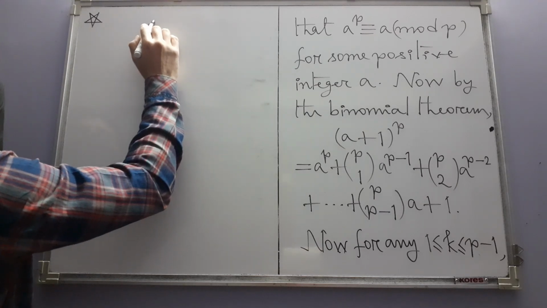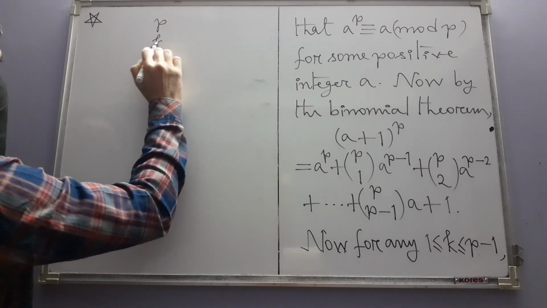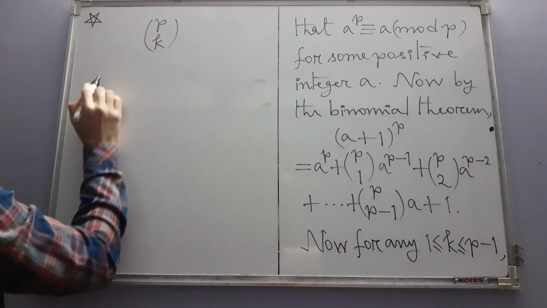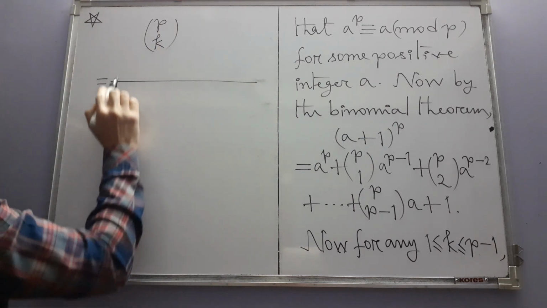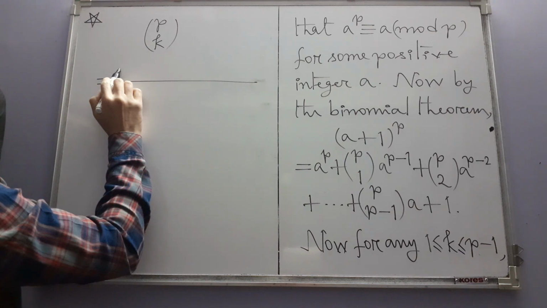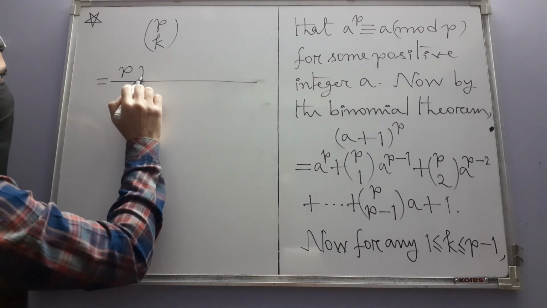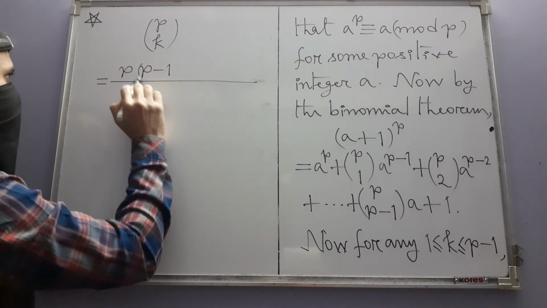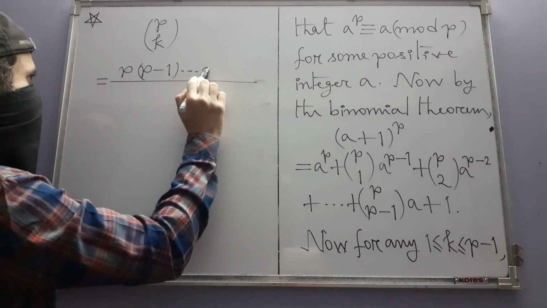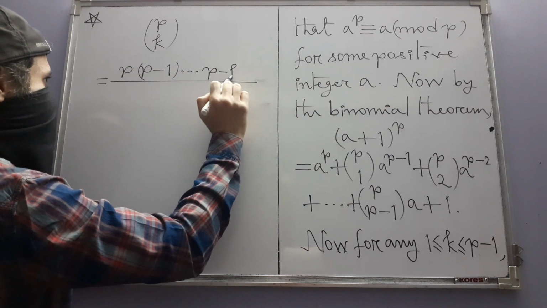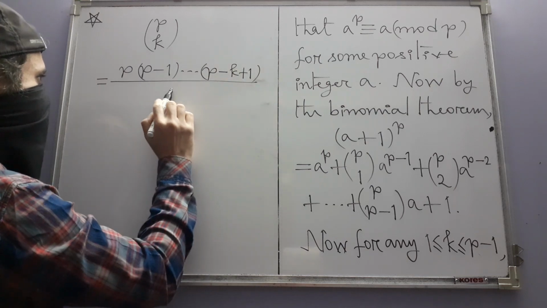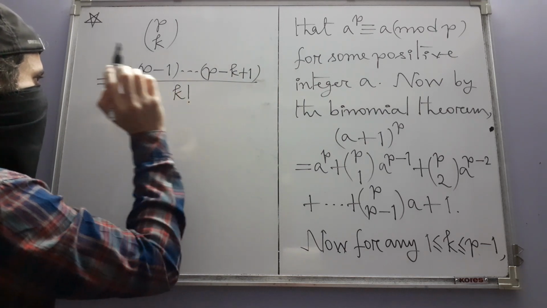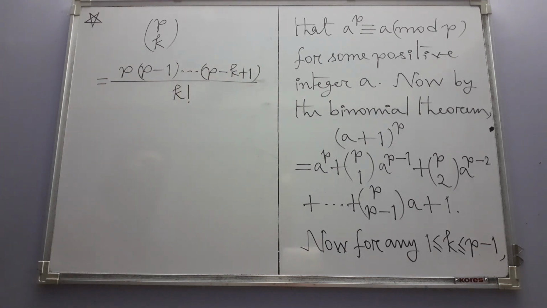So if we consider the binomial coefficient p choose k and write what it is, then we get this: p times p minus 1 times p minus 2 and so on, p minus k plus 1 divided by k factorial.